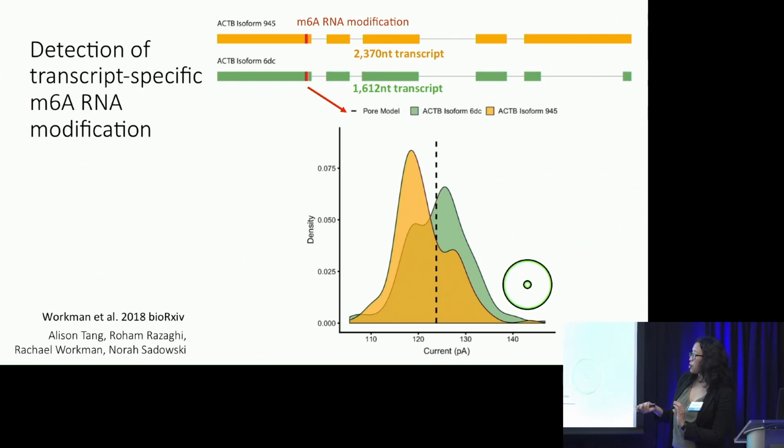So this graph I'm just showing is a distribution of all the current signals that came out from this position of all the reads that were assigned to the orange transcript, and then all the reads that were assigned to the green transcript. And you can just see that they're a different distribution. And again, the only reason we were able to really tell which read goes to which transcript is because we had these long reads.